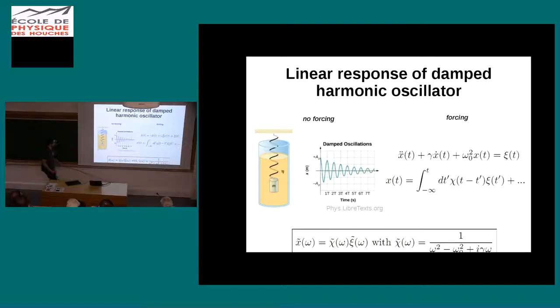Now, where do you want to go? Okay. So you notice that this is a complex function. The real part gives the in-phase response to an input fluctuation, the imaginary part the out-of-phase response. In the following, I will just consider the absolute value of it, which gives you an overall response of the system.